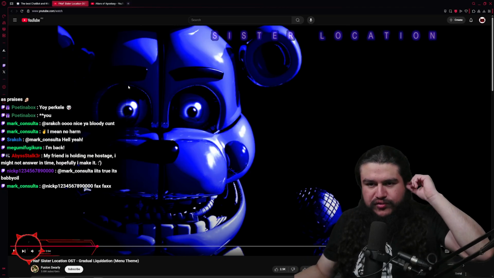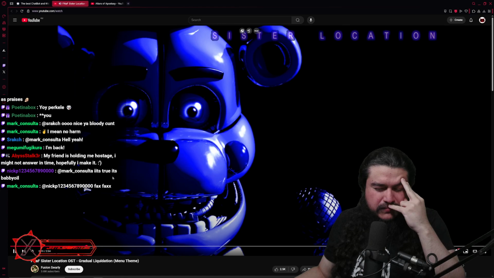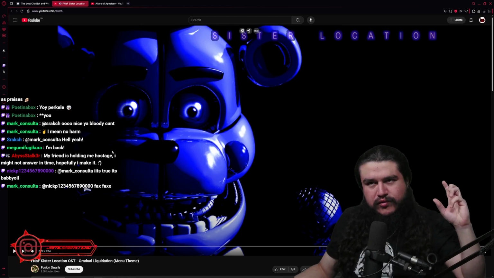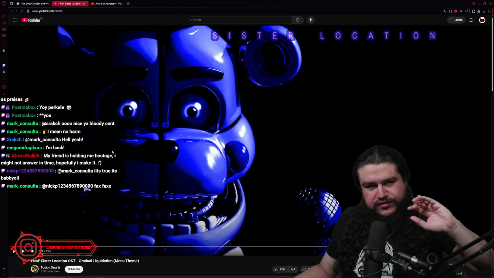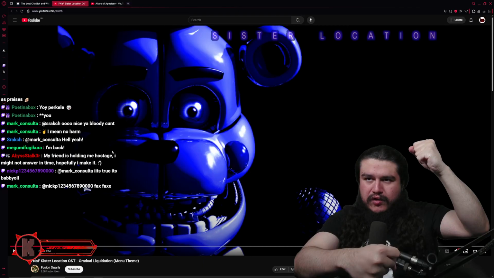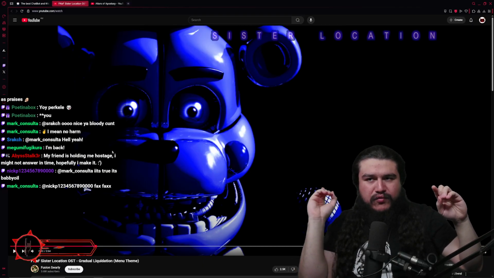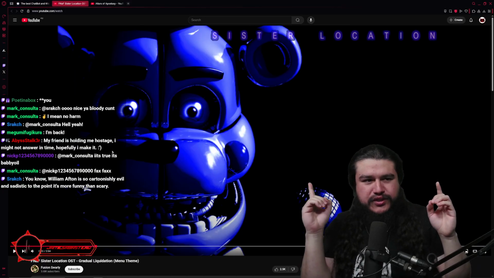We have several layers to this bass. Let me scroll back a little bit. So yeah, we have a very strong bass. We have that synth that ties together the low and middle range of the notes that we're playing. We have this drum over here that's almost like it's malfunctioning.